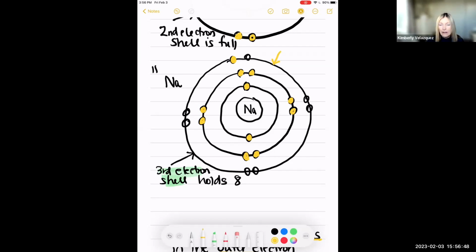And how many electrons does sodium have in that outer shell? It has 1. So it has 11 total, but it only has 1 electron in that outer electron shell. It has 7 spaces open, available, and it only has 1 in that outer electron shell.